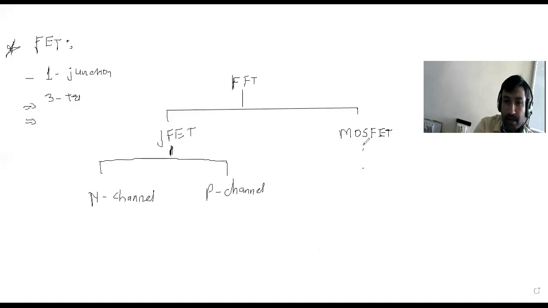Okay, and MOSFET is also again divided into 2 types. So depletion MOSFET.